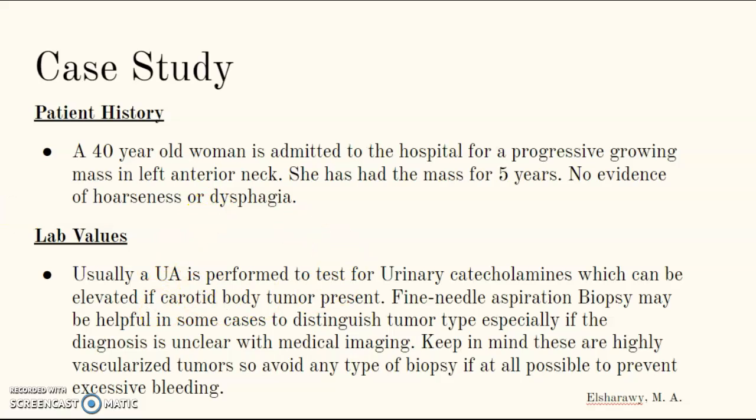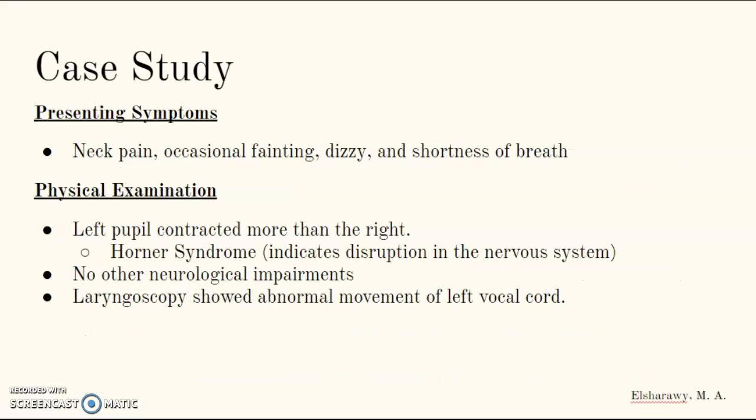Let's see what else. So then we go to the symptoms. She had neck pain, occasional fainting, dizziness, and she was short of breath. Short of breath goes along with the hypoxia, like I mentioned earlier. On physical examination, the left pupil contracted more than the right.